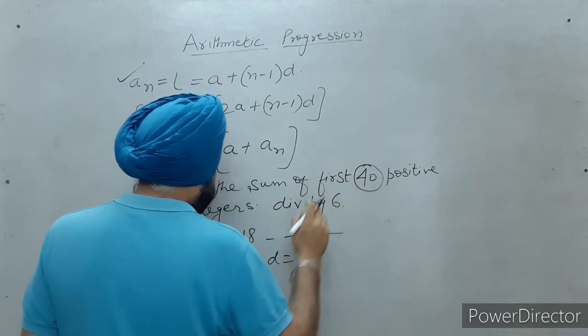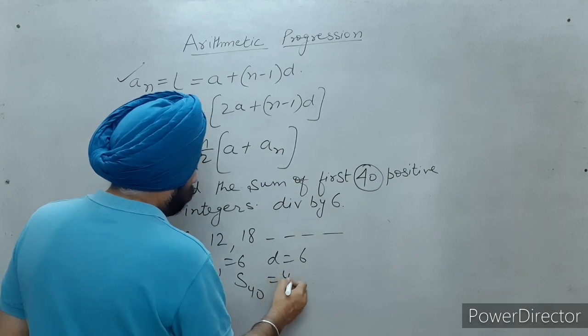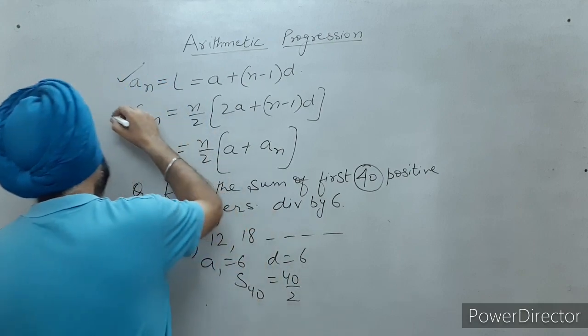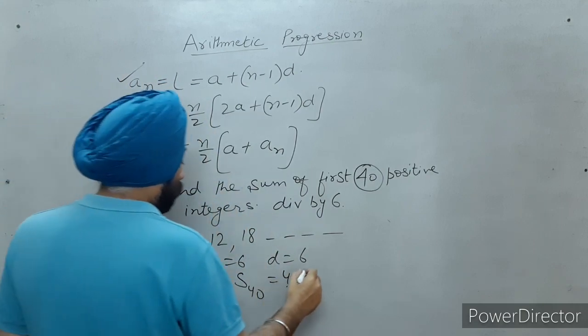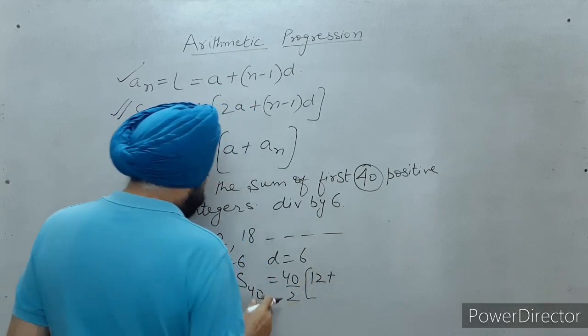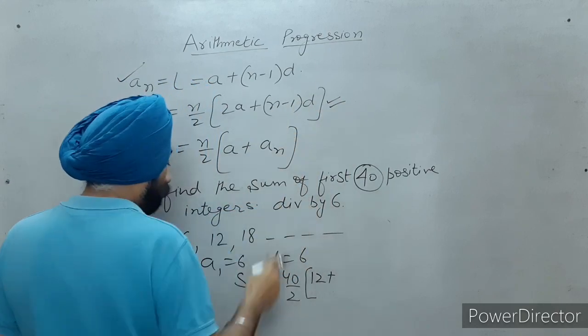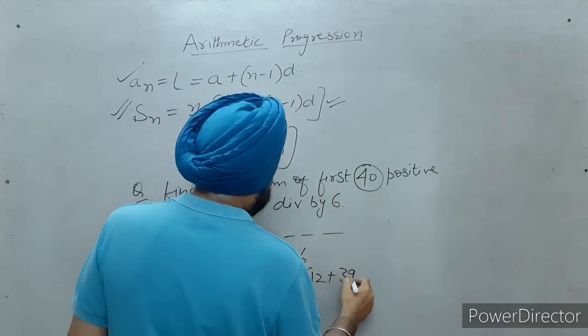Sum of 40 terms, I need S40. S40 is n by 2. I am again using this formula, 2a, 2 into a, 12, plus n minus 1. N minus 1 means 40 minus 1, 39 into d.